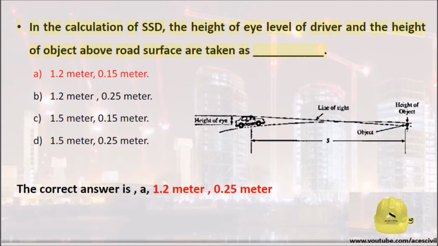In the calculation of SSD, the height of eye level of driver and the height of object above road surface are taken as: A. 1.2 meter, 0.15 meter, B. 1.2 meter, 0.25 meter, C. 1.5 meter, 0.15 meter, D. 1.5 meter, 0.25 meter.